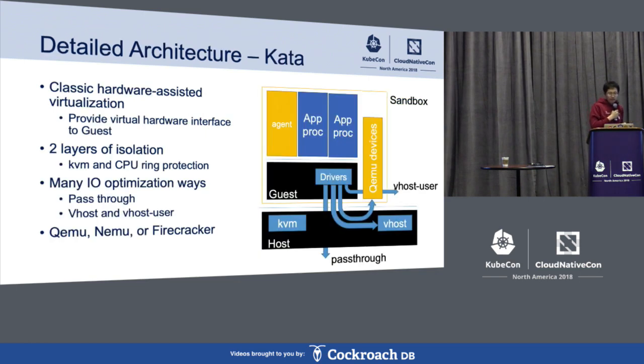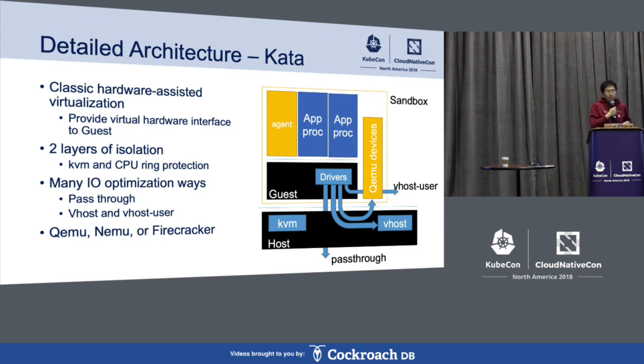About the architecture, the container applications run in the VM-based sandbox, and we can have vhost-user for fast user space I/O, vhost in the kernel part, pass-through, and all kinds of I/O support that a VM supports.